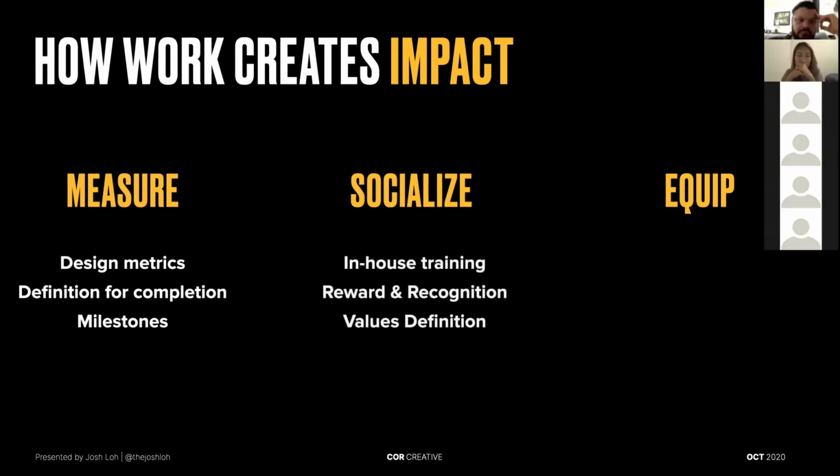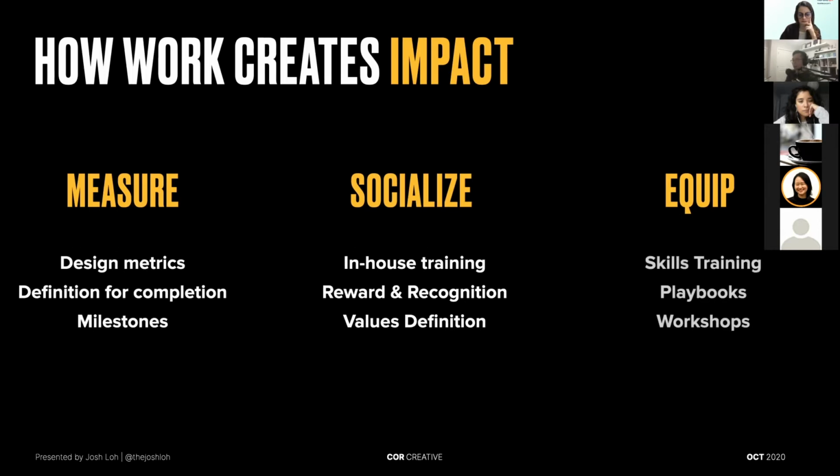In terms of socializing, it's important to have in-house training, reward and recognition in the company, and defining what the values are. And then it's important that we equip our team members with skills training, playbooks, and workshops.